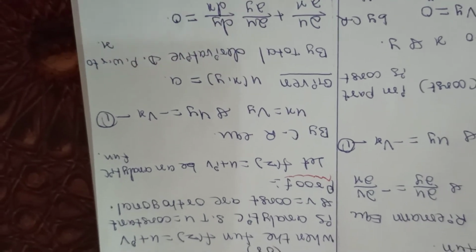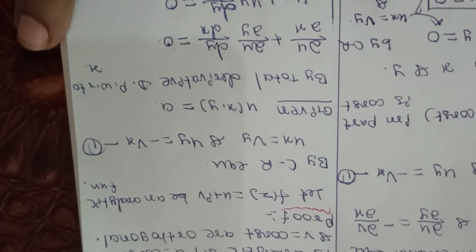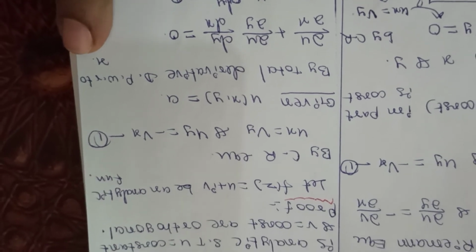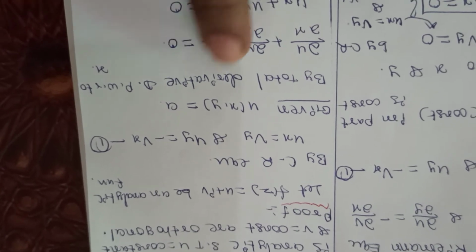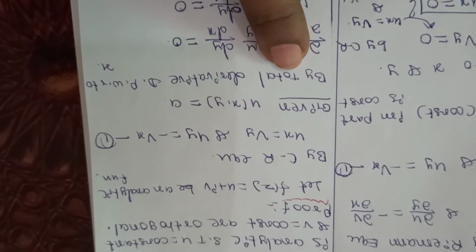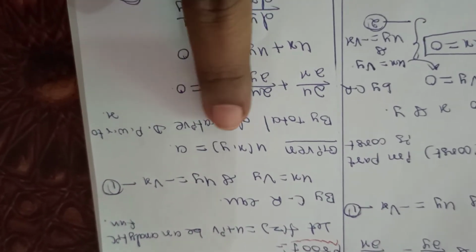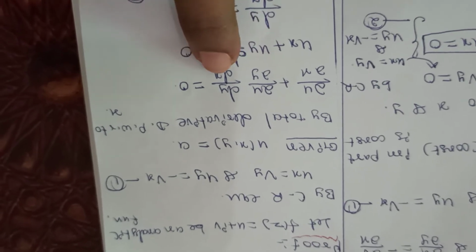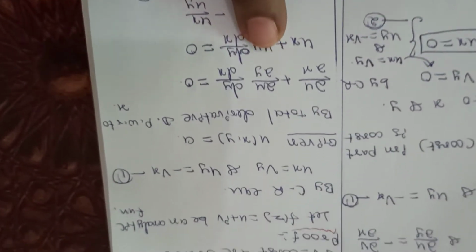In this curve, using the total derivative, differentiating partially with respect to x and y, u is a function of x and y here. First with respect to x: ∂u/∂x + ∂u/∂y × dy/dx = 0, where y is a dependent variable of x.